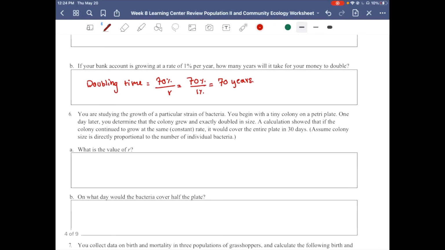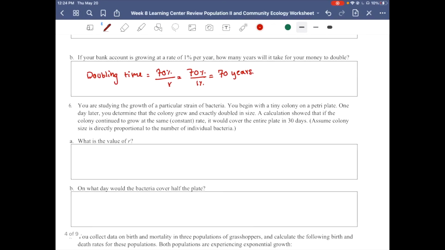Okay, so next we're going to be looking at a different question, and we're looking at different strains of bacteria. We will begin with a tiny colony on a petri dish. One day later, we see the colony grew and exactly doubled in size.